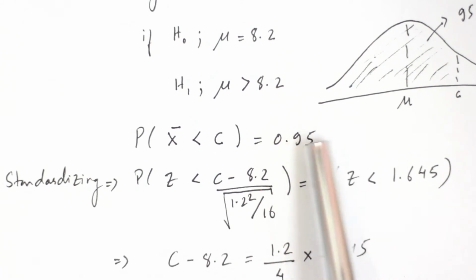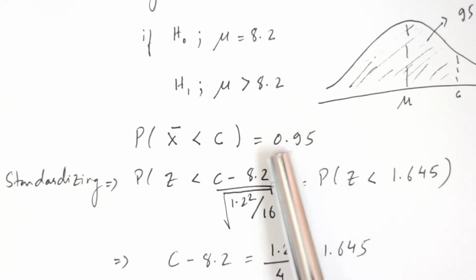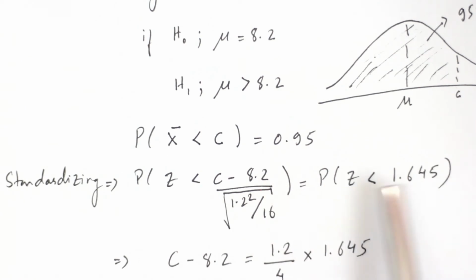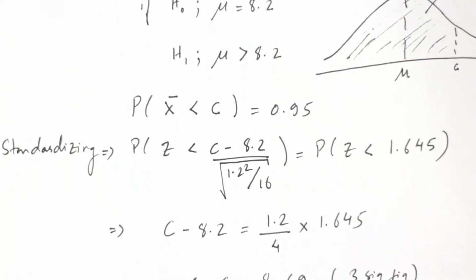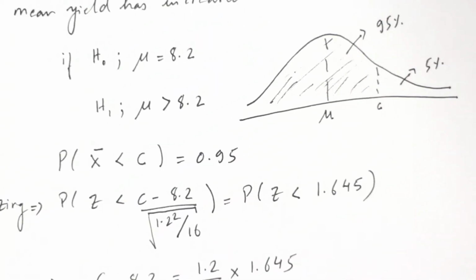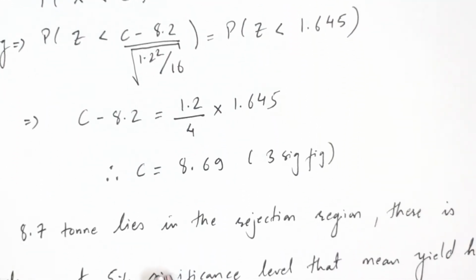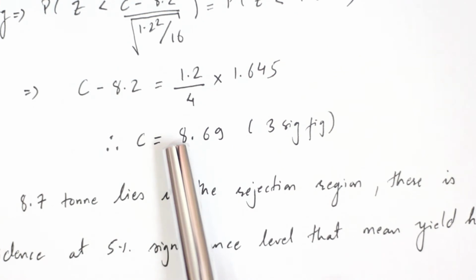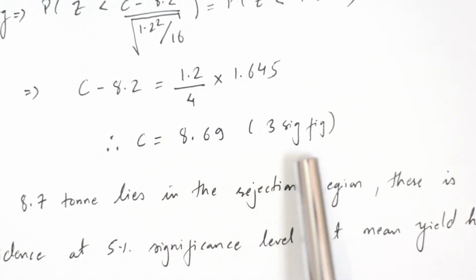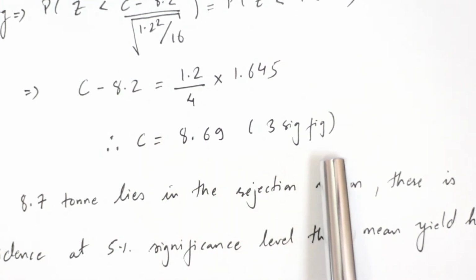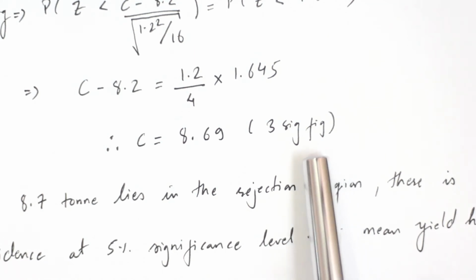Again, same as the previous question, right? This is just the inverse of this. Okay, so again, you compare both sides here, and you find out that the value of C is 8.69 up to 3 significant figures.